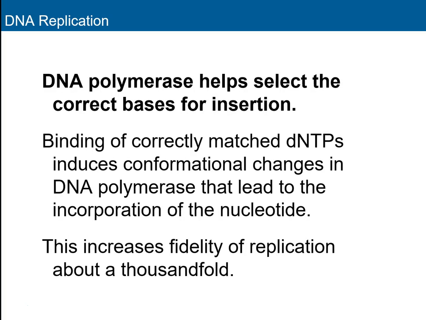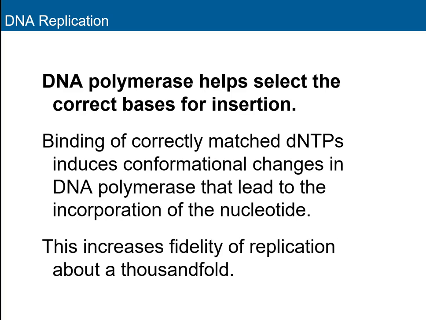the fact that the mutation rates are so low during replication is a result of that 3' to 5' exonuclease activity. If it wasn't working properly, then there would be many more mistakes made and thus many more mutations.